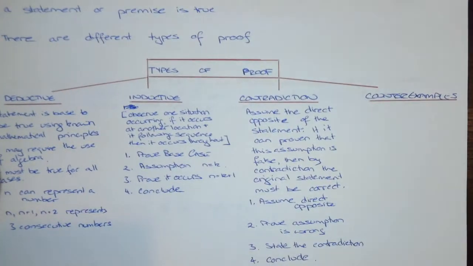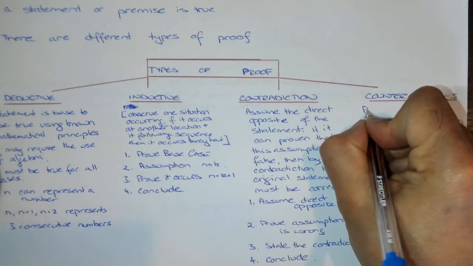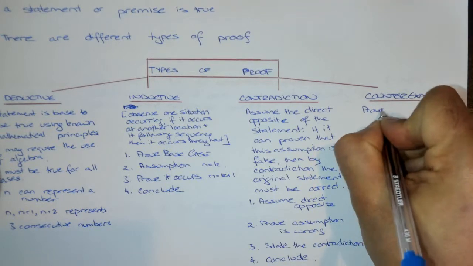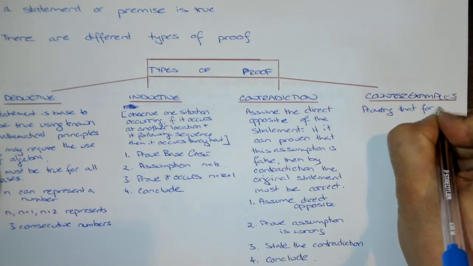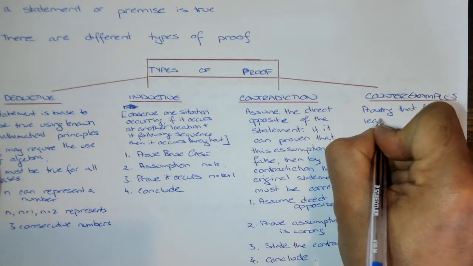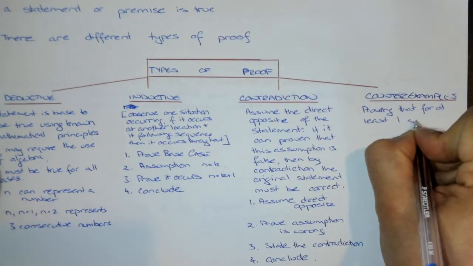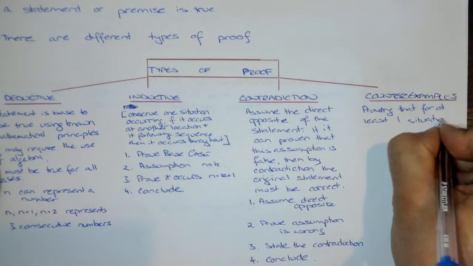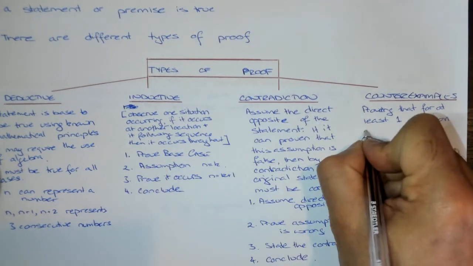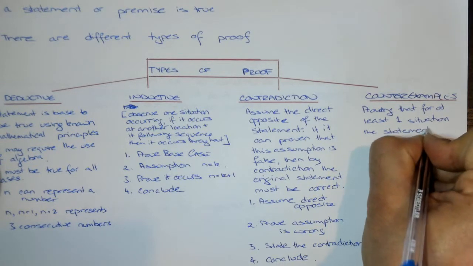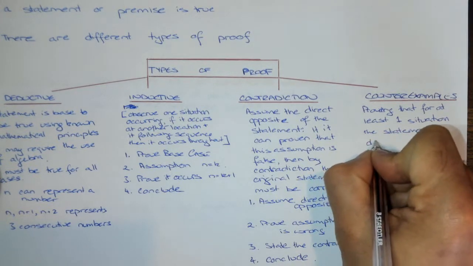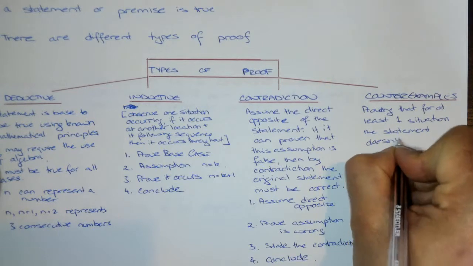Counterexamples, a type of proof. Using a proof by counterexample is basically proving that for at least one situation the statement doesn't occur or doesn't exist.